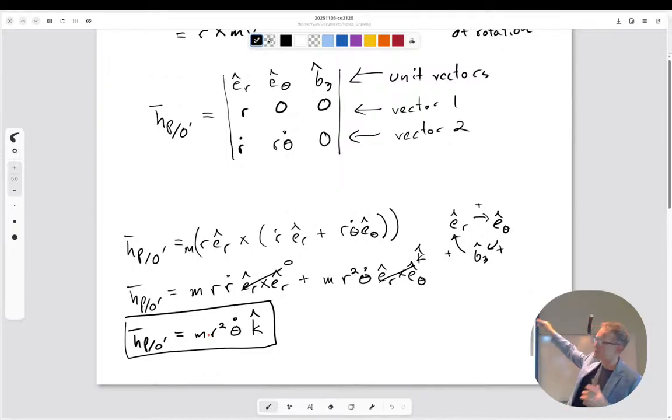I used to use the determinant method. I used to be just like you, sitting in the class using my determinants. But I like this method because now I can look at unit vectors and the scalar stuff and separate the two.